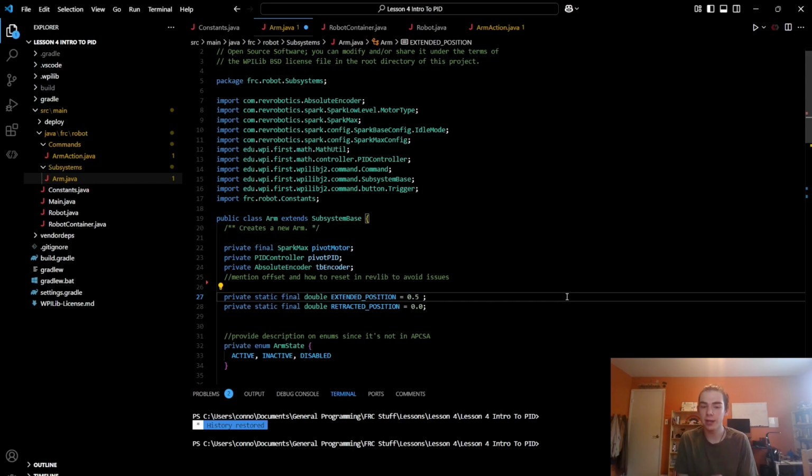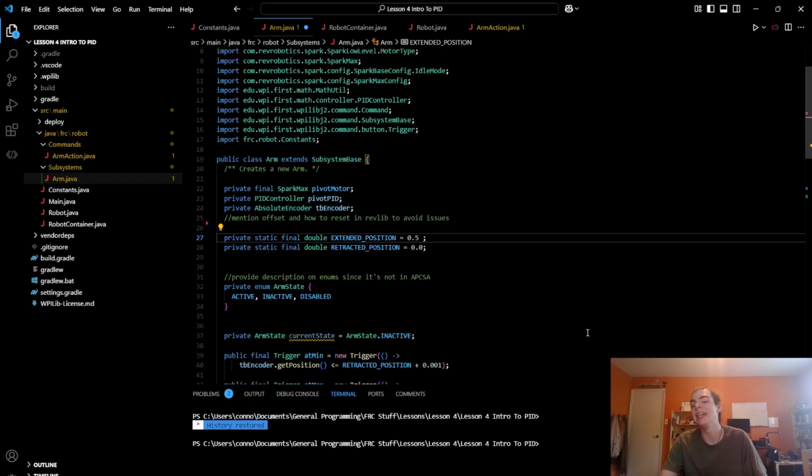Because we don't want it to start at, say, half a rotation, but when we turn on the robot, it takes it in as 0, and now it thinks that that half rotation is the 0 point, and now everything you have is half rotation off. So it's very important that you are zeroing that and making sure that you configure everything correctly.